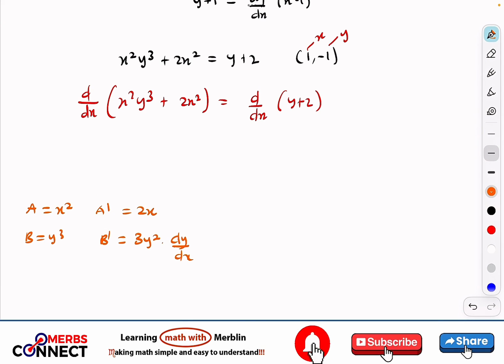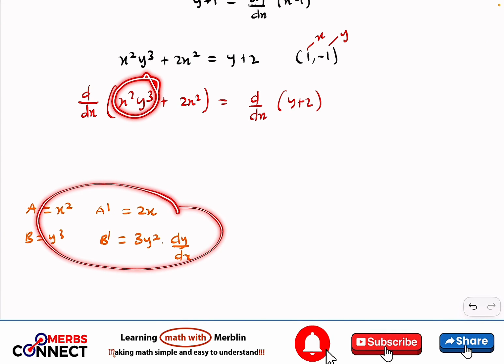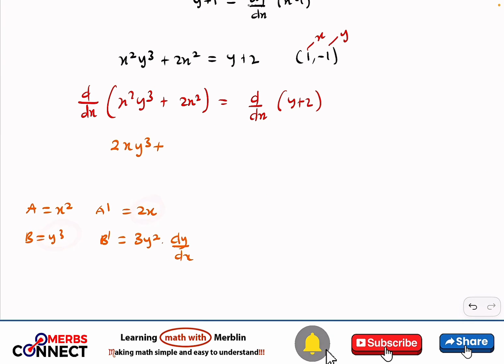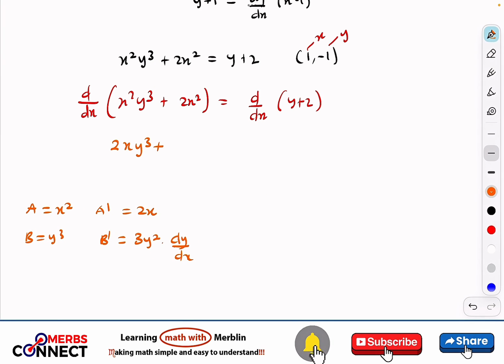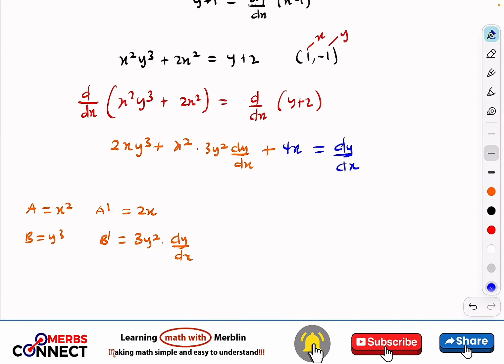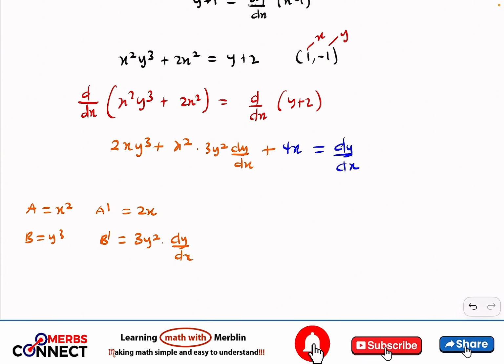So when I differentiate this using the product rule, I'm going to have 2xy cubed, that is this times this, and then this times this is going to give us x squared times 3y squared dy over dx, plus, then I need to differentiate this using the power rule. So when I do that, I'm going to have 4x, which is equal to, when I differentiate y, I'm going to get dy over dx, and when I differentiate 2, it's going to be 0.